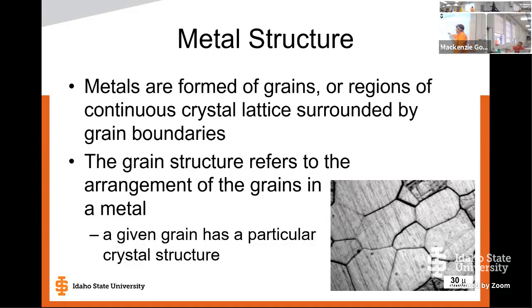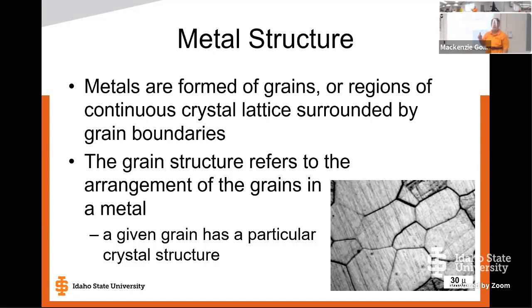Okay. When we talk about grain, remember, that's our metal lattice. That's the pieces of crystal arranged in a continuing lattice, okay? Grain boundary is essentially the areas where those pieces of lattice fit up against each other. And the grain structure refers to how these grains fit together, okay? A single grain is always going to have the same crystal structure across it.